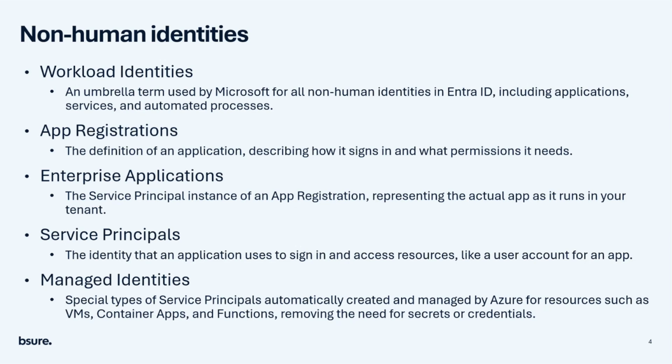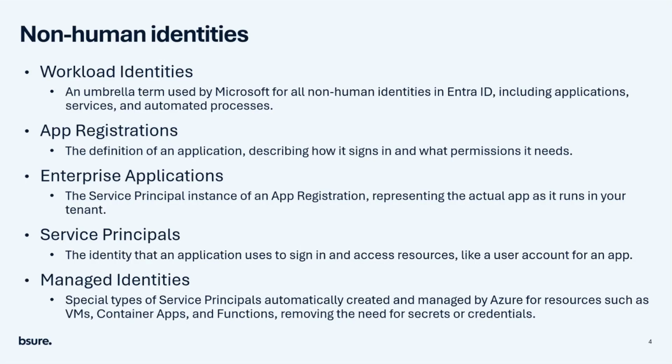And finally, we have a special kind of service principal, which is called managed identities, and they're gaining more and more traction. These are typically created in Azure, and they are managed by Azure. They can be for resources like virtual machines, containers, function apps, you name it.